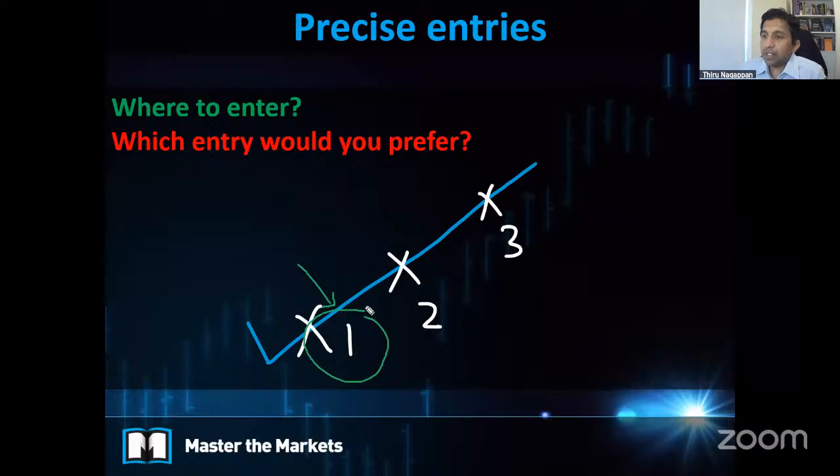I can only say number 1 is better than number 2 and number 3 in reference, and here's the important point, in reference to this bottom. If I don't have that bottom quantified, or it's not clear, how can I say 1 is better than 2 or 3?